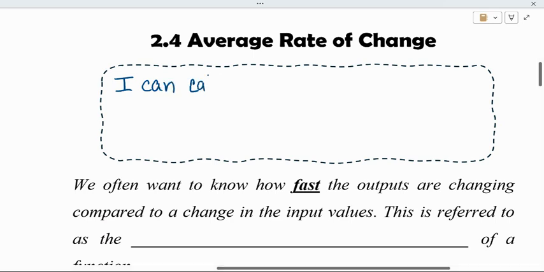I can calculate. It's as soon as you walk in every day. I can calculate. I even said that at the beginning. I hope that you guys got that.